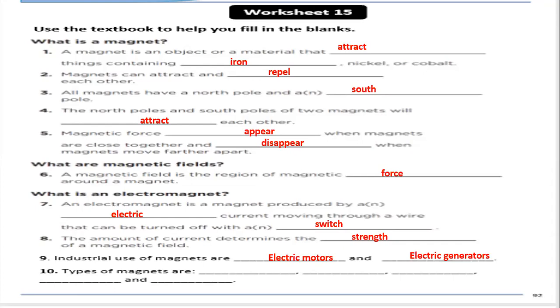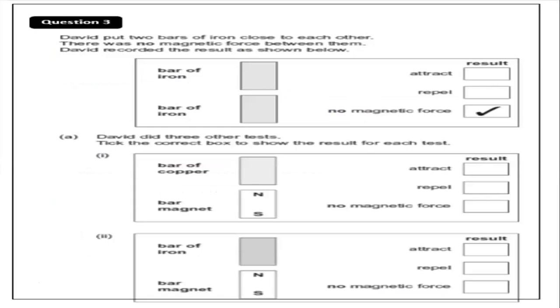Number 10, types of magnets. We've learned about several types and shapes of magnets. We have the bar magnet, the horseshoe, the disc magnet, the rod magnet, and the wand magnet.